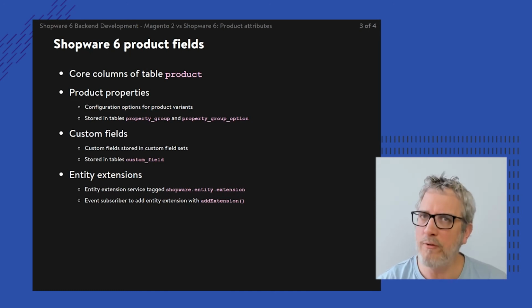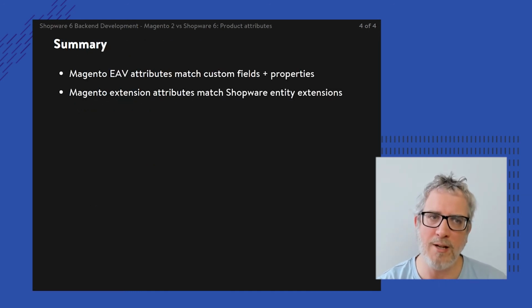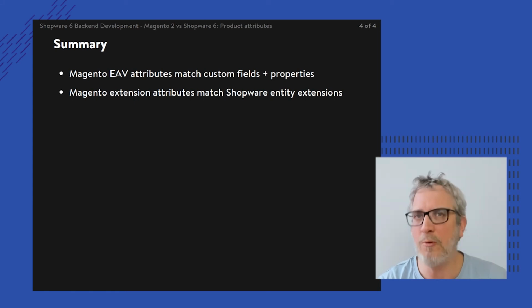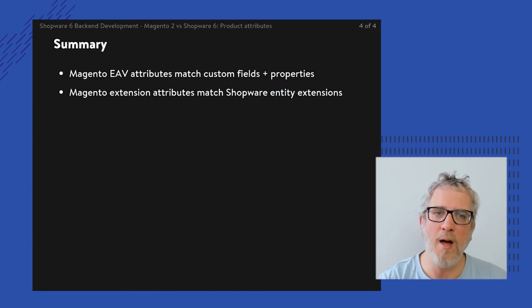And I've been referring to products all of the time, but actually there's a hidden secret here as well. As soon as you know that a product is extensible, it basically counts for any kind of other entity as well. And that's true for Magento as well, as long as that entity in Magento is also an EAV entity.